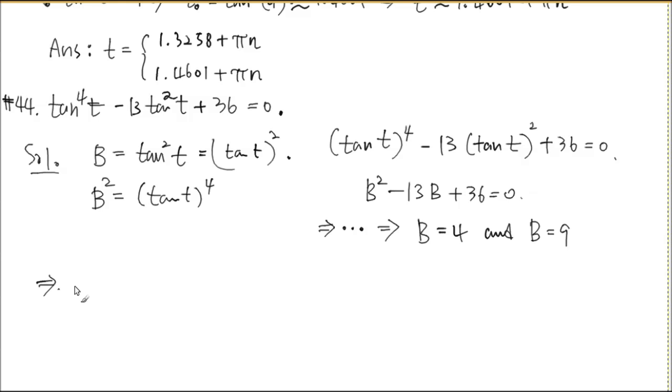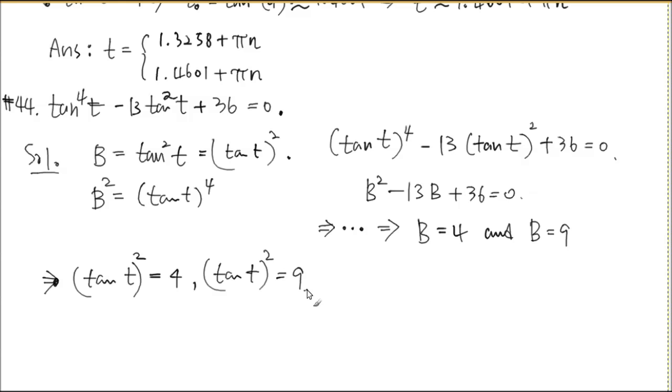It is not tangent t is 4 or 9. It is tangent t squared is 4, right? So as a bullet item, we're going to take care of this equation, and we're going to take care of tangent t squared equals 9 as well, right? That makes sense? You have to do this one separately.